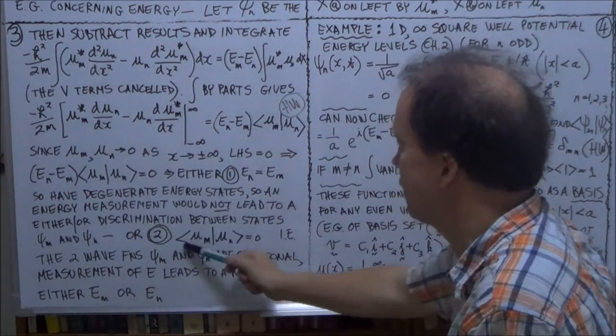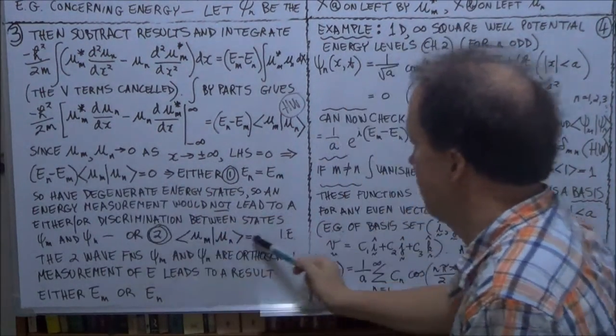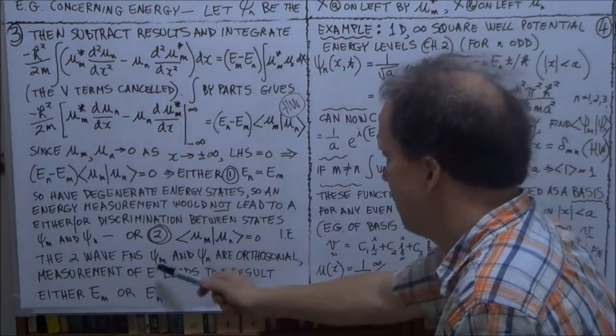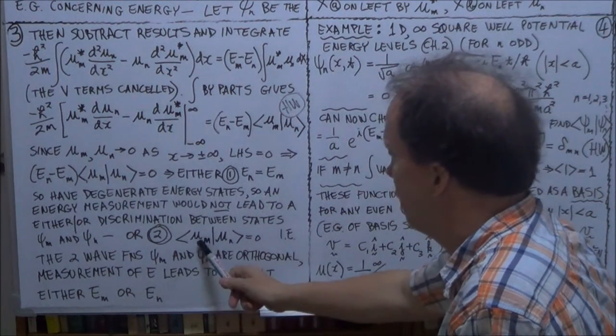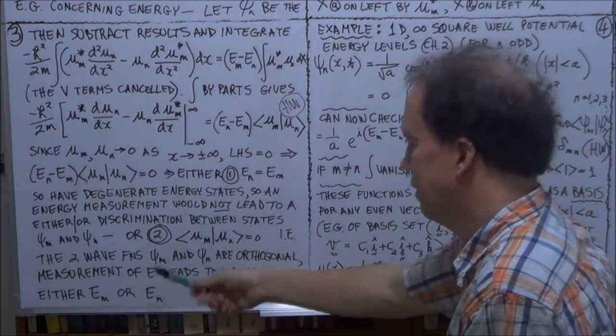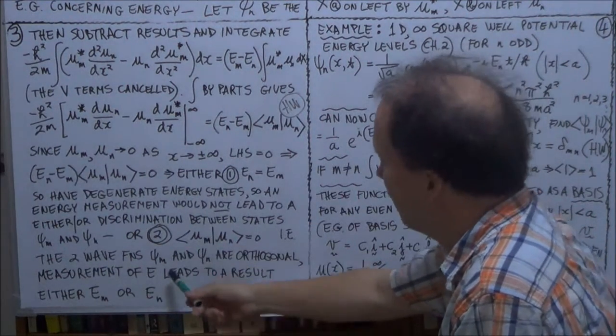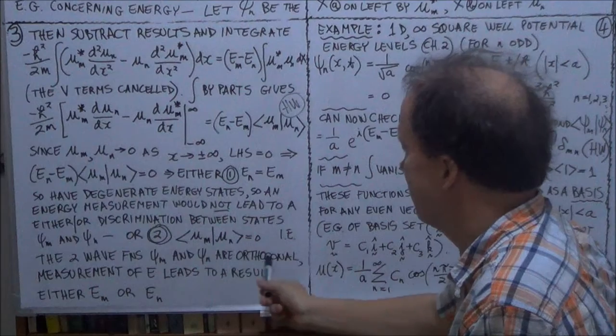So here's your second case. So this is zero, right? In other words, these two wave functions, psi m, psi n, are orthogonal.